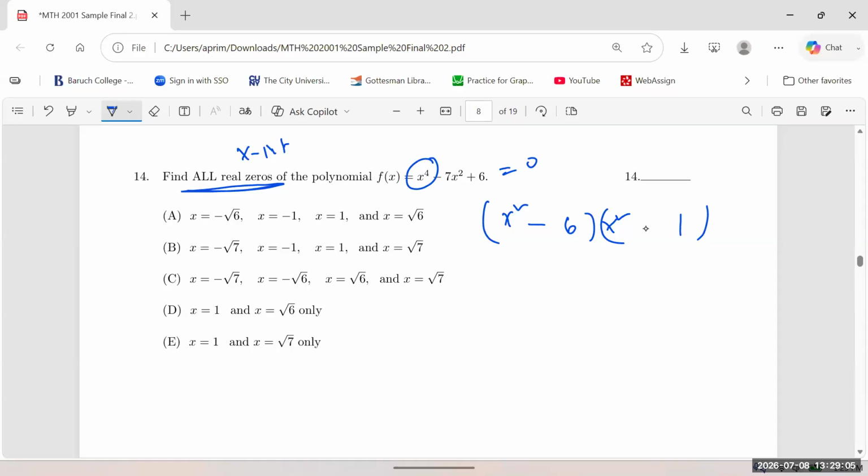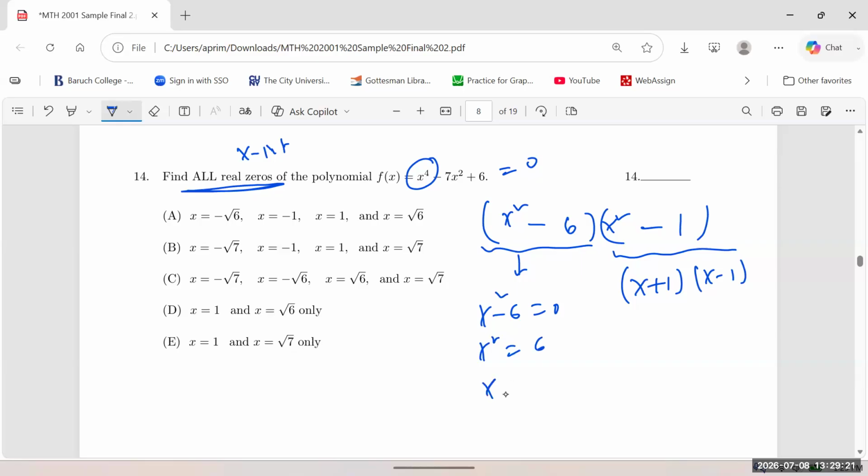Negative 6, positive 1 is going to give you negative 5. So this is more factorable, x plus 1, x minus 1. Is this factorable? It's root 6. But if you set it equal to 0, x squared is 6, x is plus or minus square root of 6. And we get x equals 1, x equals negative 1.